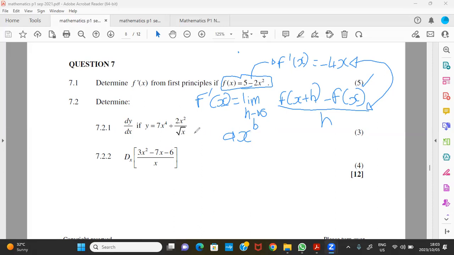So let's say this is my f of x. My f prime of x is going to be a times b, then x to the power of b minus 1. Once everything is like this, it's easy for you to derive. So here I am now.